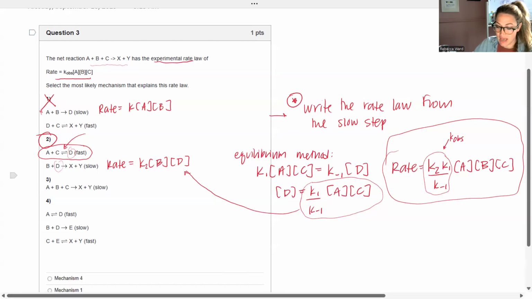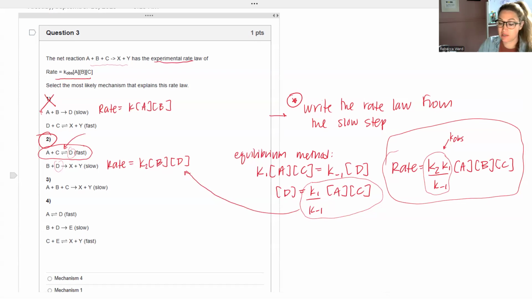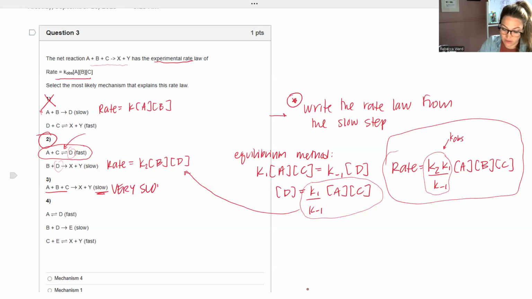All right, let's look at 3. Mechanism 3 has one step, and importantly, you will notice it is termolecular. I'm expecting 3 things to come together in space with the right orientation and enough energy to clear some barrier. Termolecular steps are really unlikely, so this is probably so slow that it's not feasible.